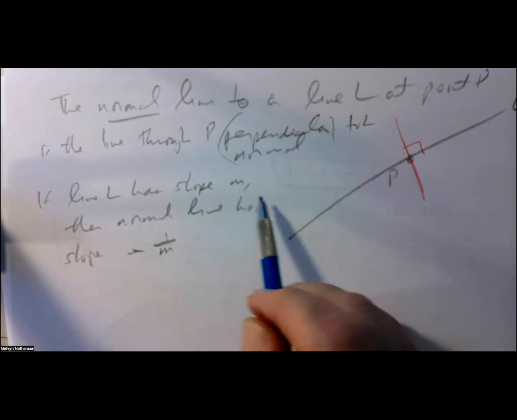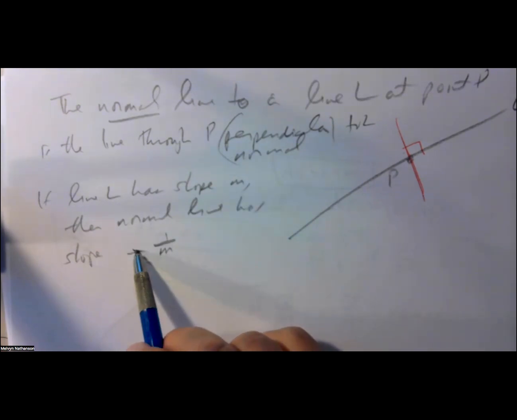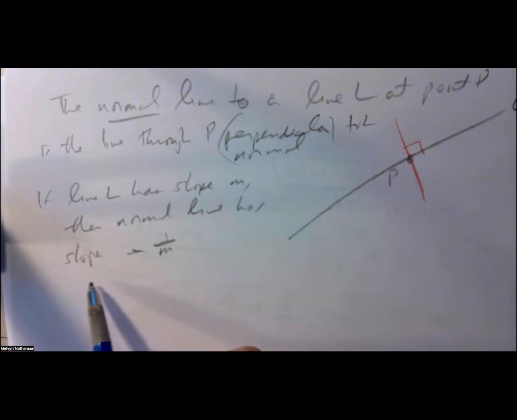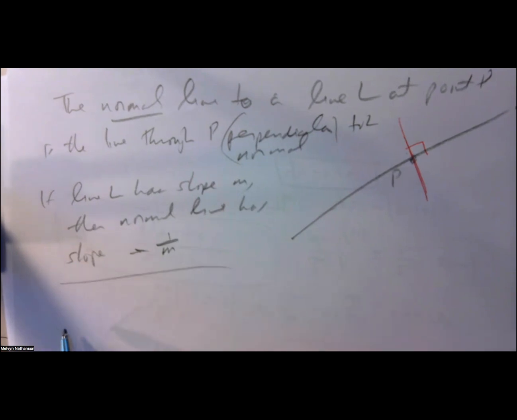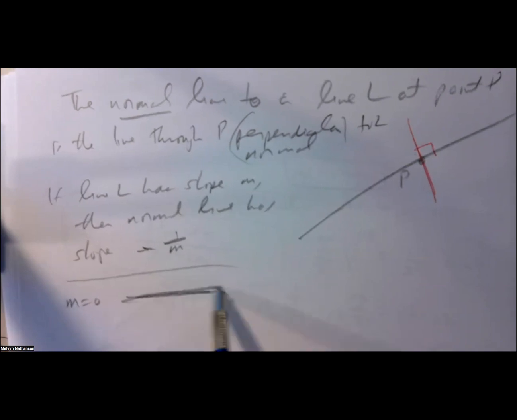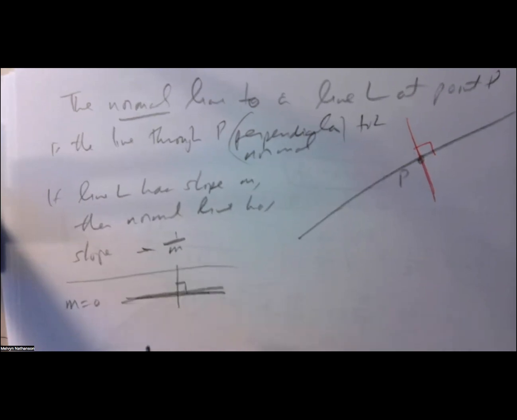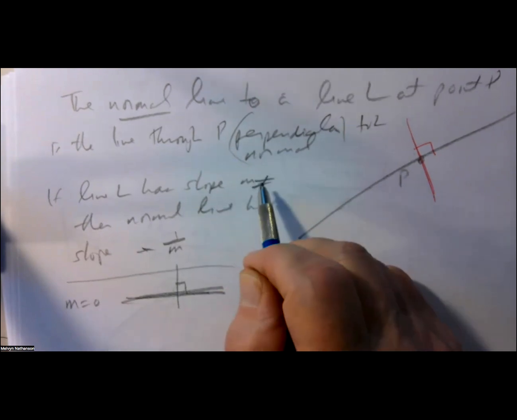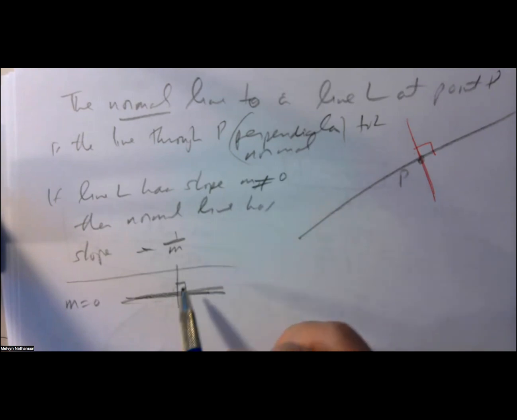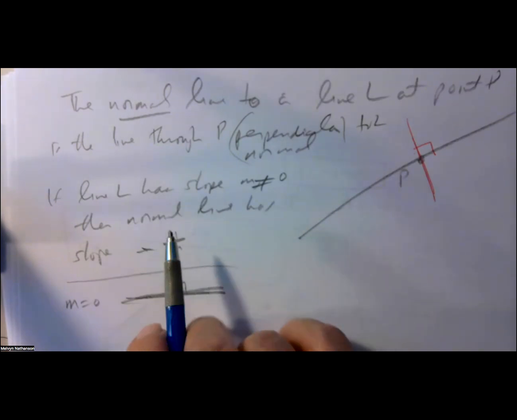So if a line has slope m, the line perpendicular to it has slope minus 1 over m. The only problem is when m equals 0. If m equals 0, the line is horizontal. In that case, the normal line is vertical. You could think of the slope of a vertical line as being infinite, but let me just say, if a line L has slope m different from 0, then the normal line has slope minus 1 over m.